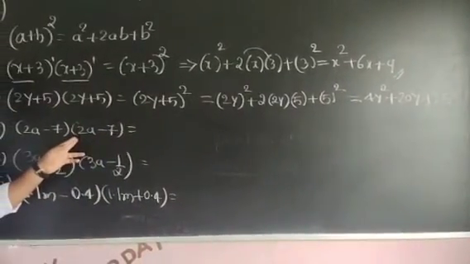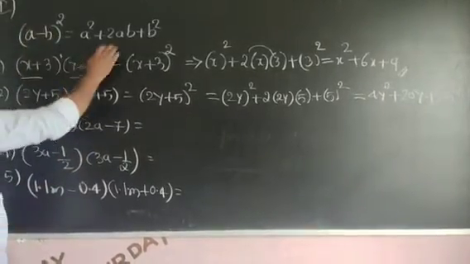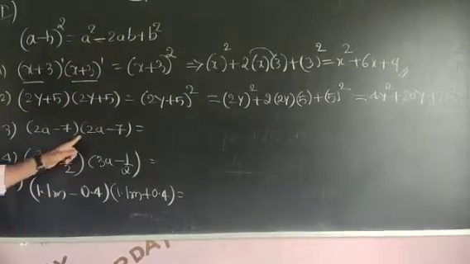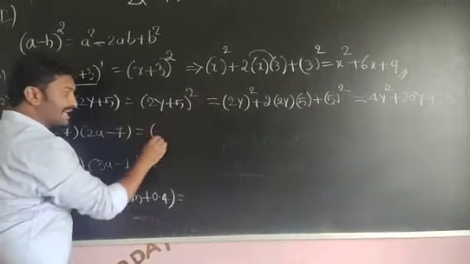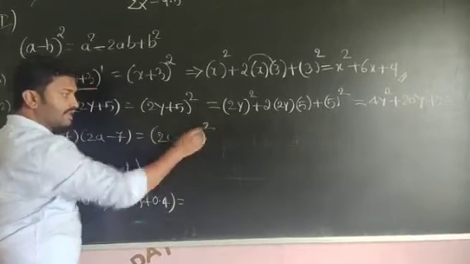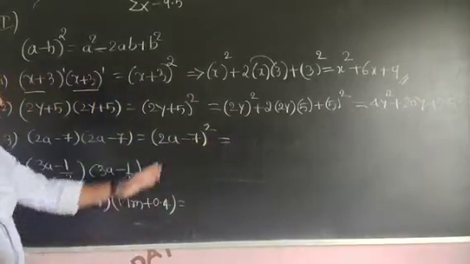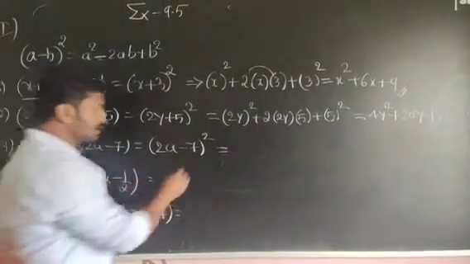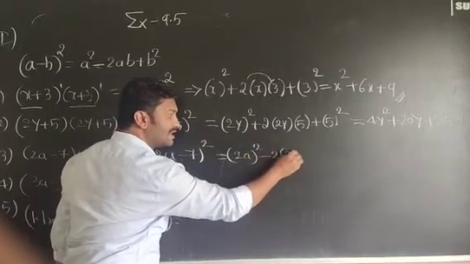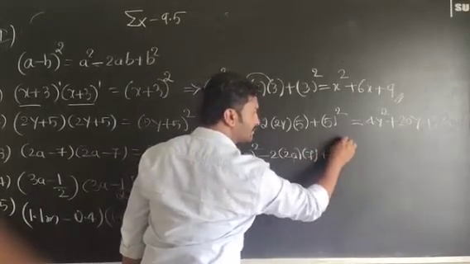Okay, next one is (2a minus 7), (2a minus 7). Which identity do you have to apply here? This identity you have to apply. This can be written as (2a minus 7) whole square, which is (a minus b) whole square. Now use the identity: a square minus 2ab plus b square.